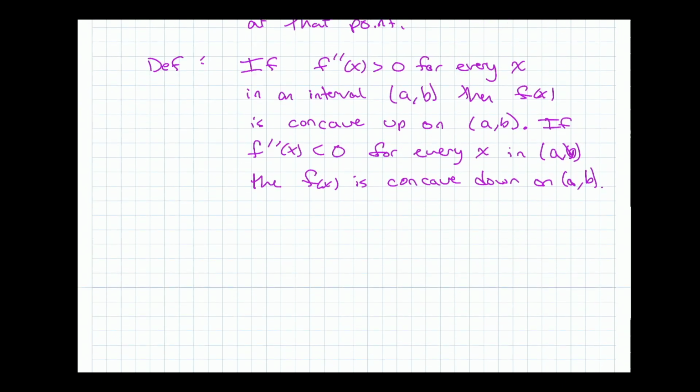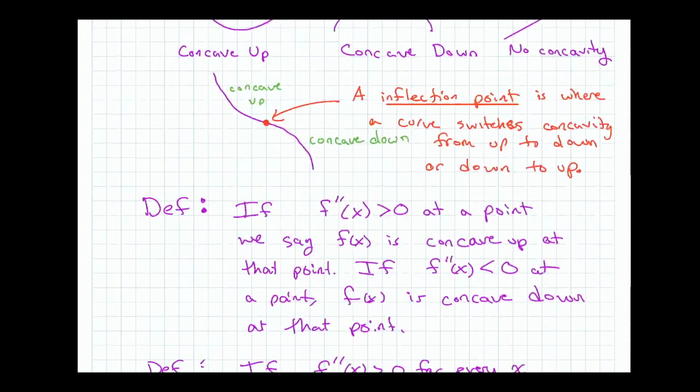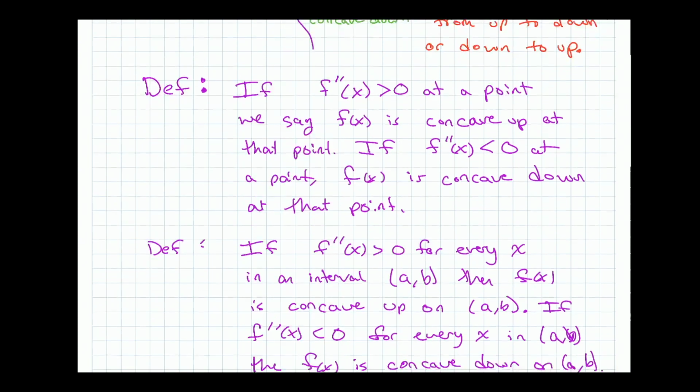While we're at it, let's have a mathematical definition for the inflection point. What did we say an inflection point was up here? It's where a curve switches concavity from up to down or from down to up. So the concavity has to change, and the concavity comes from the sign of the second derivative.